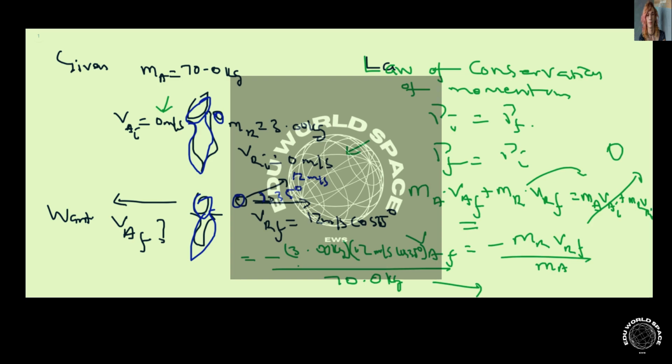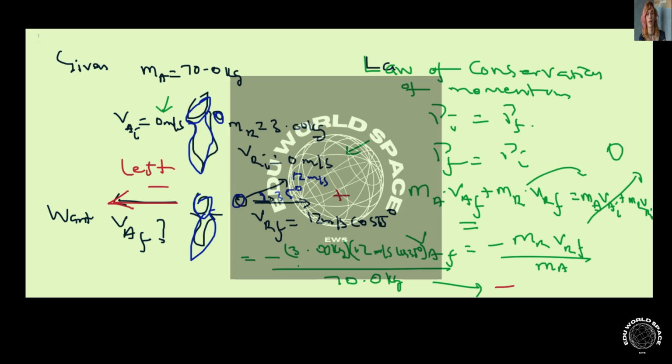Plug in the numbers, and we can use a calculator for this. So 12 cosine of 35 times 3, and then divide by 70, and that gives us negative, because you're moving in that direction. That's the negative, that's the positive, so you're moving towards the left.